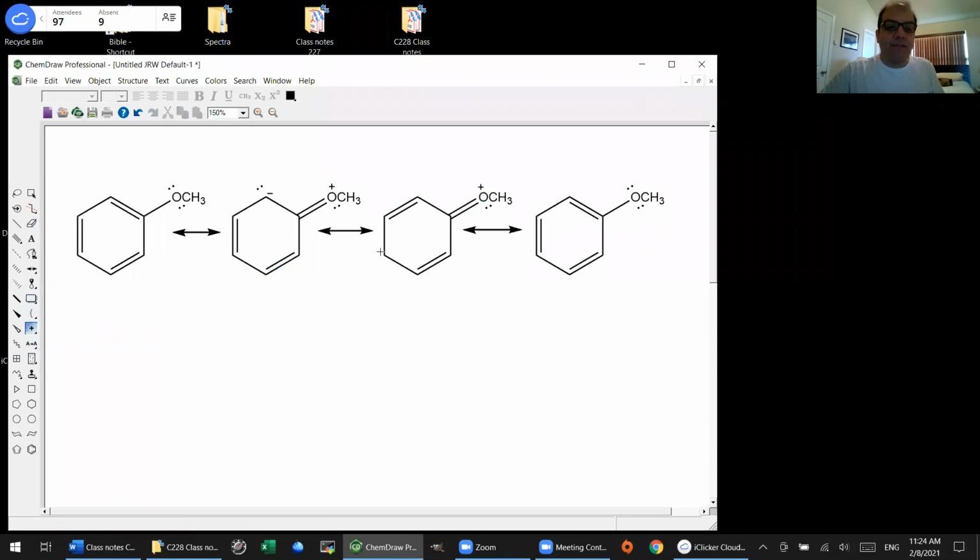And we'll also have now our minus charge over there. This is how Dr. Pennington explains it to his class. And of course, he didn't make this up, just as I didn't make up the other thing. But I think it's an equally valuable way to understand it. So that's another resonance form.